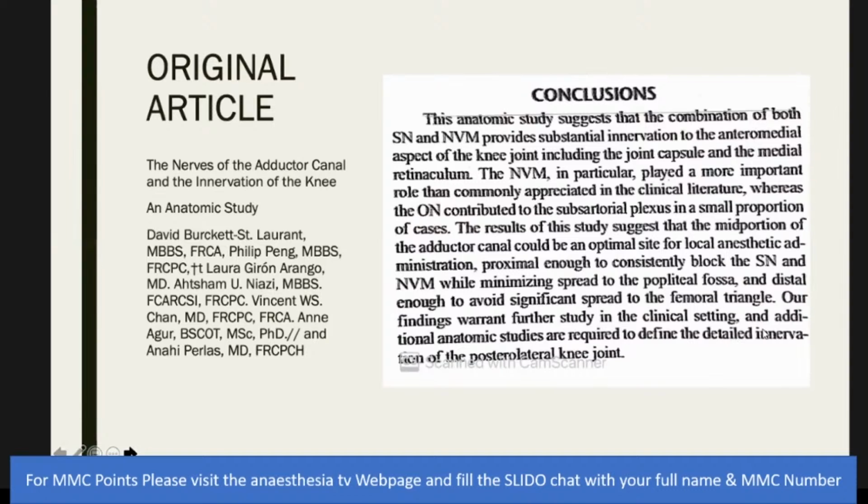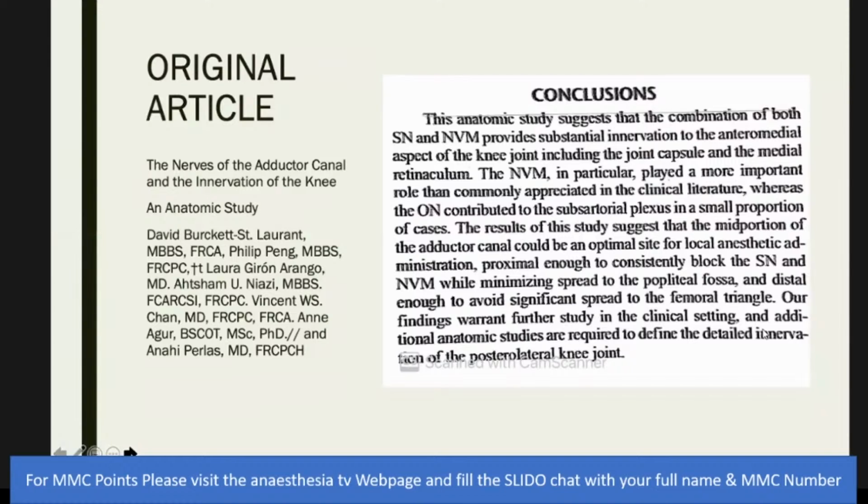They concluded that the combination of both saphenous nerve and nerve to vastus medialis provides substantial innervation to the anteromedial aspect of the knee joint, including the joint capsule and the medial retinaculum. The nerve to vastus medialis plays a major role, whereas the obturator nerve contributed to the subsartorial plexus in a small portion.